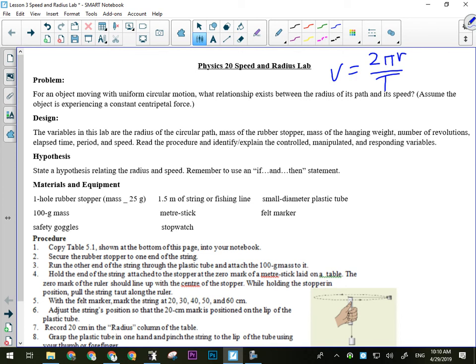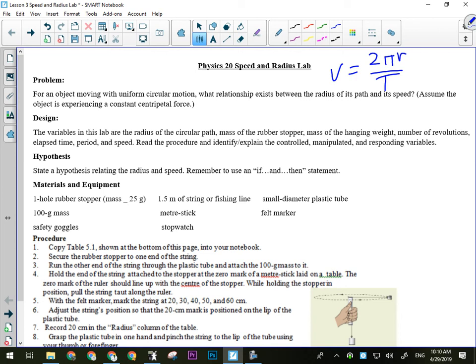What we want to find out here is what is the effect of radius on speed for an object that's moving with uniform circular motion. The idea here should be fairly straightforward. In this experiment, we're going to whirl a rubber stopper around and around in a circle, and that circle is going to have ever increasing radii.